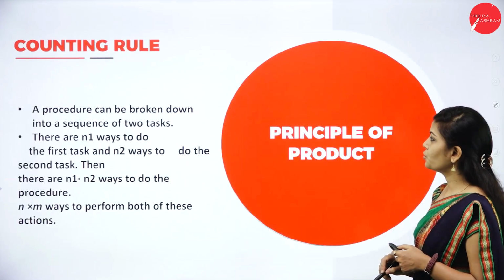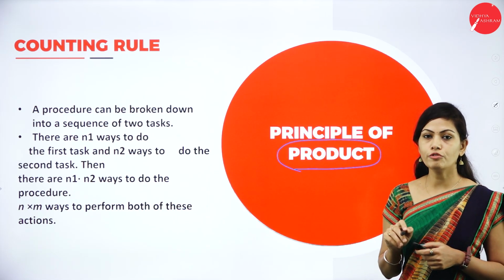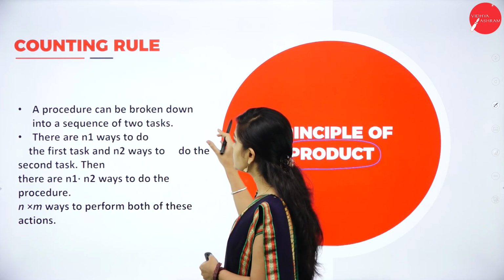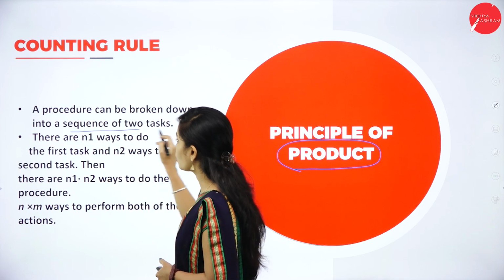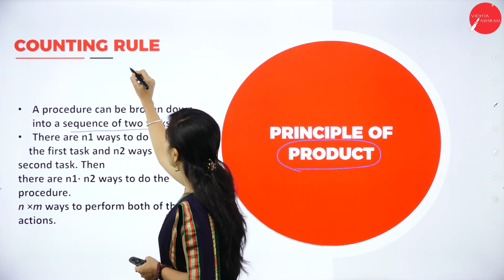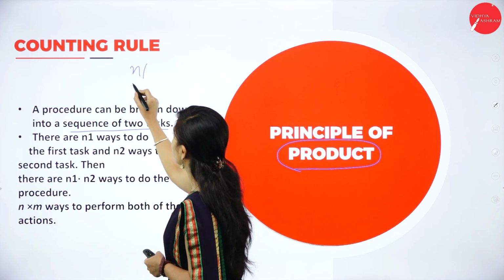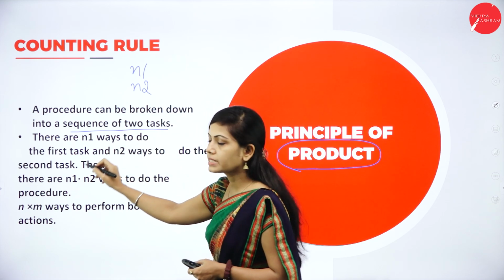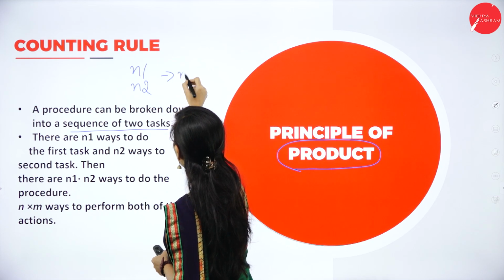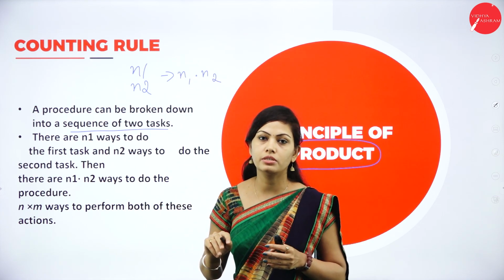And the next rule we have is the principle of product. So what is this principle of product? A procedure can be broken down into a sequence of 2 tasks in the product rule. There are n1 ways to do the first task and n2 ways to do the second task. Then there are n1 dot n2 ways to do the procedure.